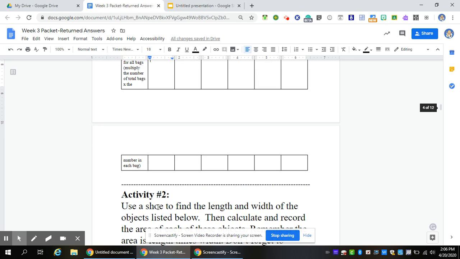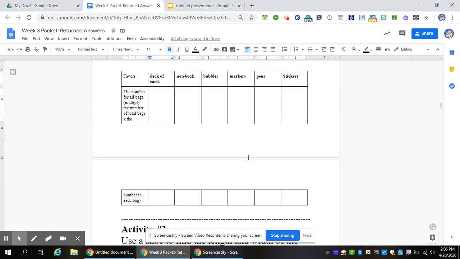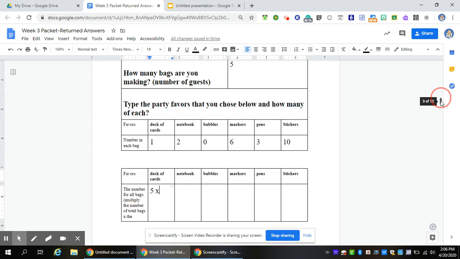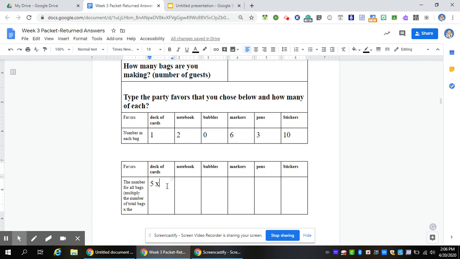So to do that, I have to do some multiplying. So I'm going to multiply the number of bags, so 5 bags, times however many of those items I chose. And I'm sorry, I'm having trouble getting this all on one screen. I have 1 deck of cards in each bag, so 5 times 1 is 5. I have 5 bags times 2 notebooks for each bag.